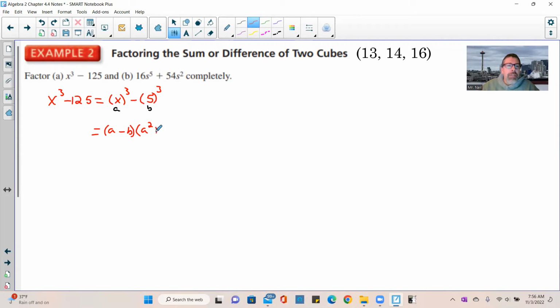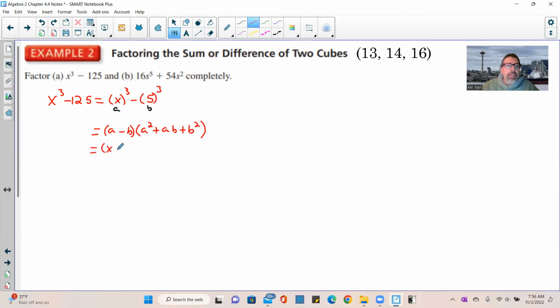And since this is minus, this is plus, they always are opposite. And then it's a times b plus b squared. This is always plus, and these two flip depending on what this sign is. If this is minus, the first one's negative. If this is positive, the first one's positive. So this is the rule, and now I'm going to substitute in my a's and my b's.